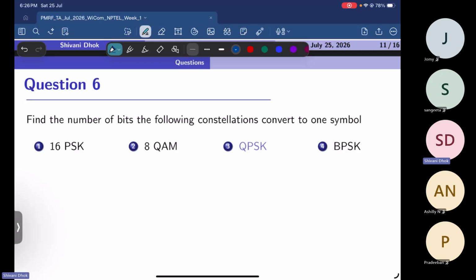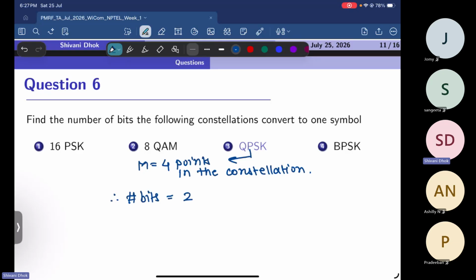So M equal to 4 points, and therefore the number of bits is log of 4 to the base 2, which is nothing but 2.